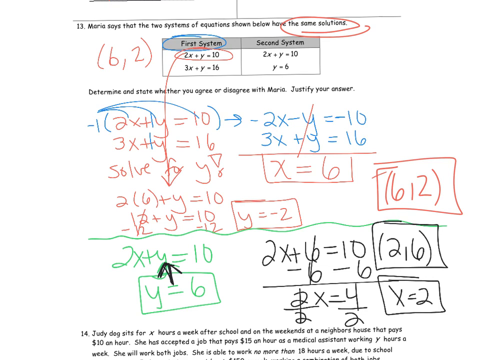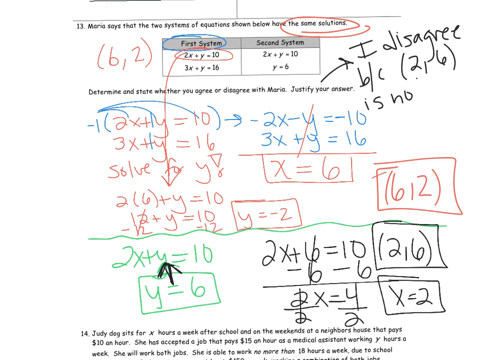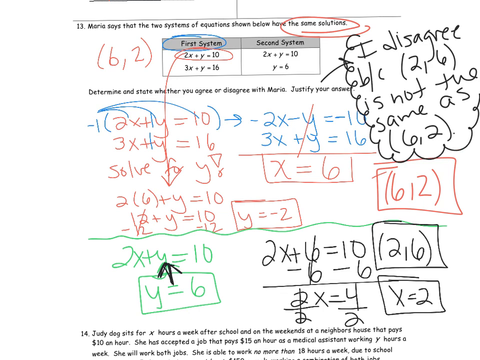So we're going to say, I disagree because 2, 6 is not the same as 6, 2.